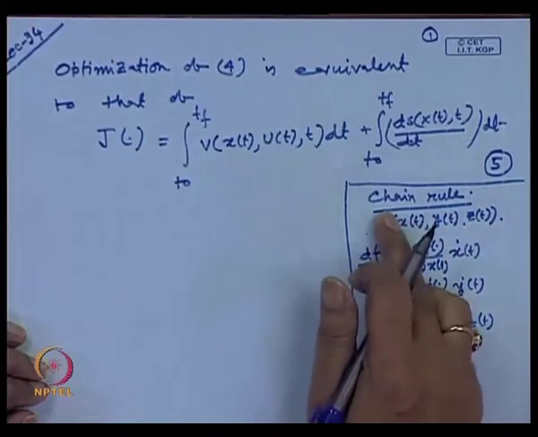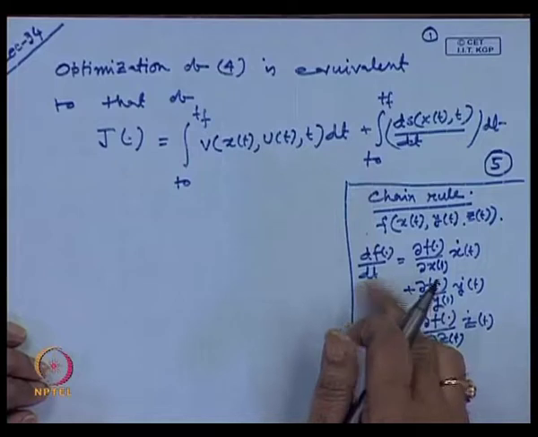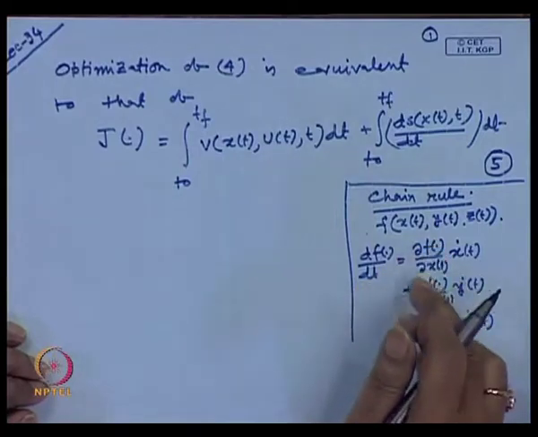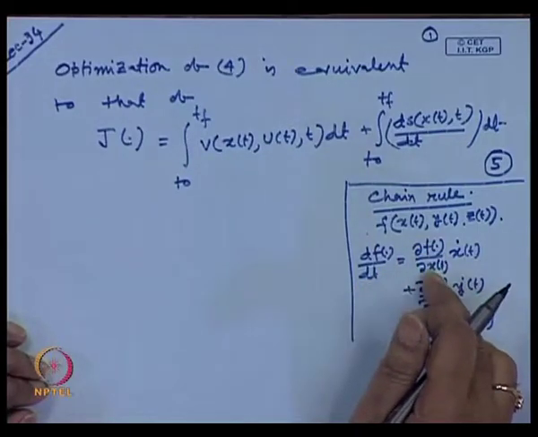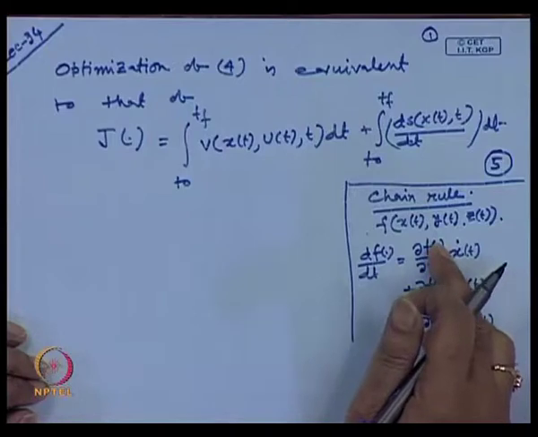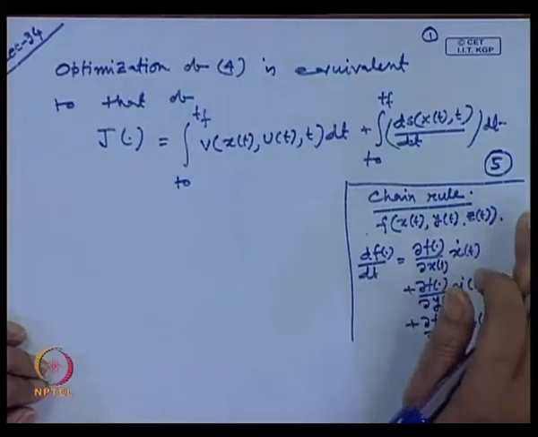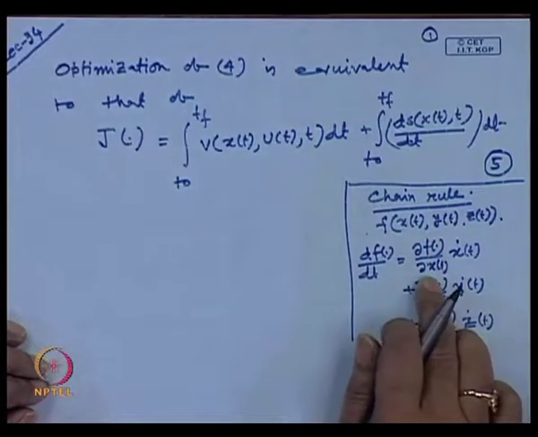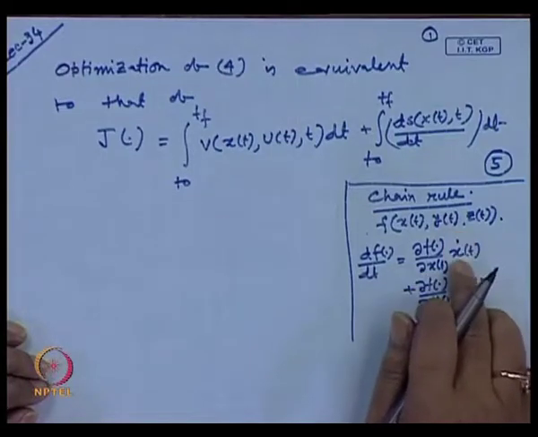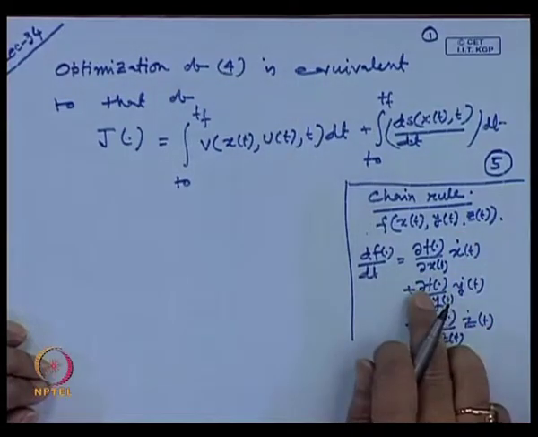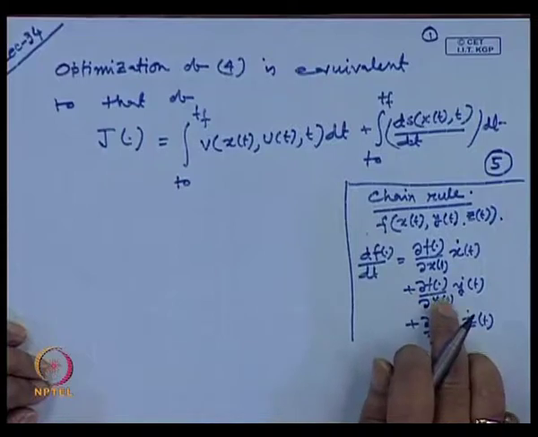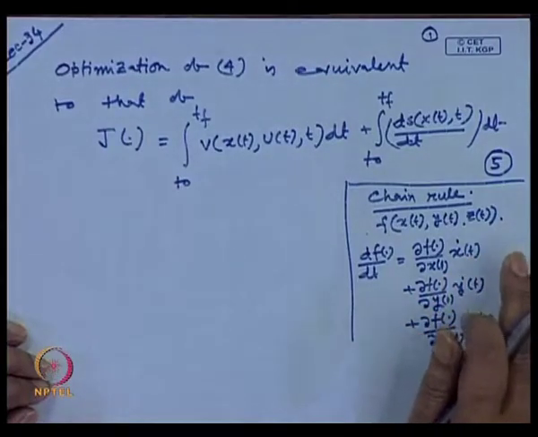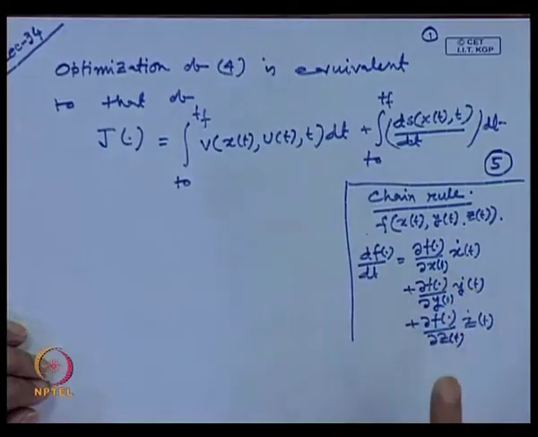So, differentiation of x with respect to t is nothing but the partial differentiation of f with respect to x, because it is a function of x, y, z, keeping y, z constant, multiplied by x dot. Then the partial differentiation of f with respect to y keeping x and z constant, multiplied by y dot.